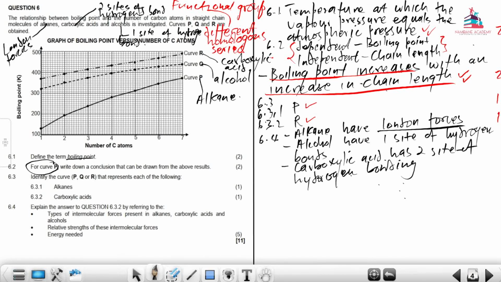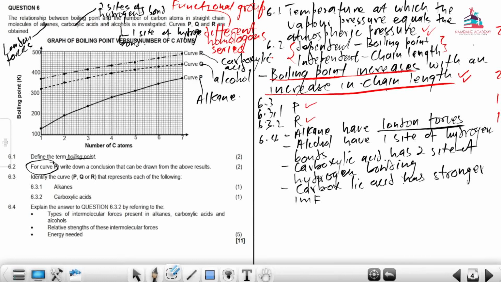It's me comparing now the strength of the 3. So I will say carboxylic acid has stronger intermolecular forces than alkanes. Okay, the question said I must compare all 3.